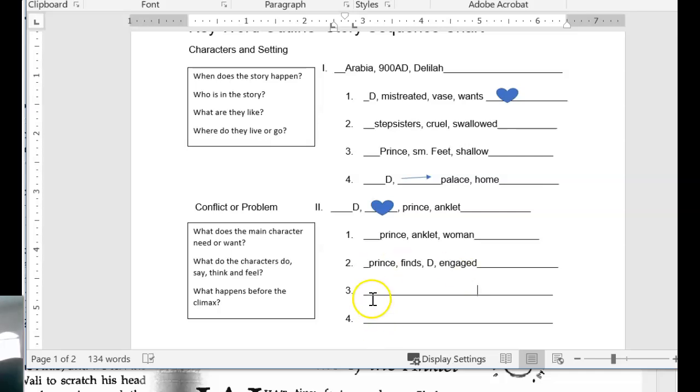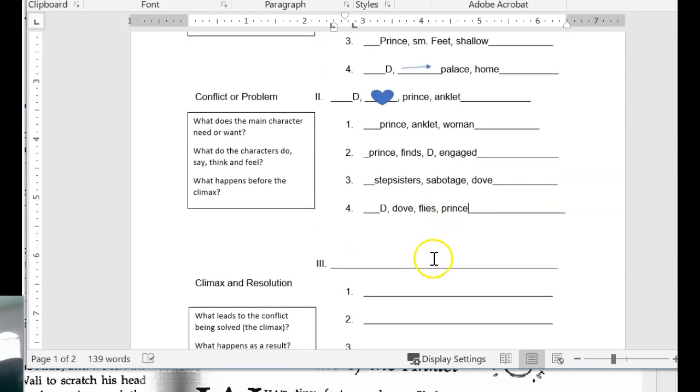Okay, and then what happens? Stepsisters sabotage, right? They turn Delilah into a dove. And then, right, Delilah as the dove flies to the prince. Okay, so we've got our conflict and our problem.